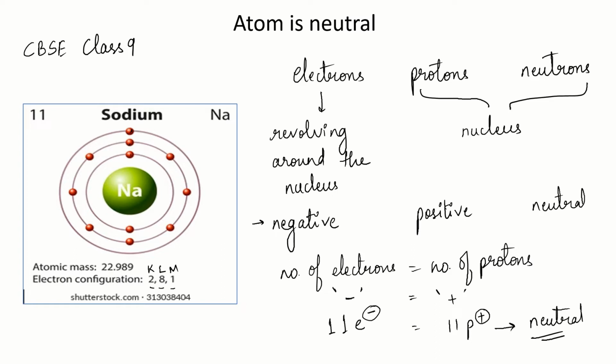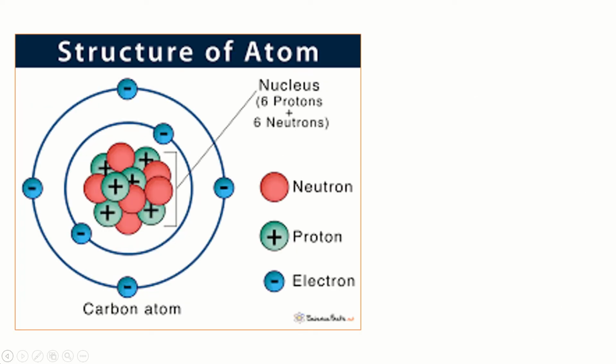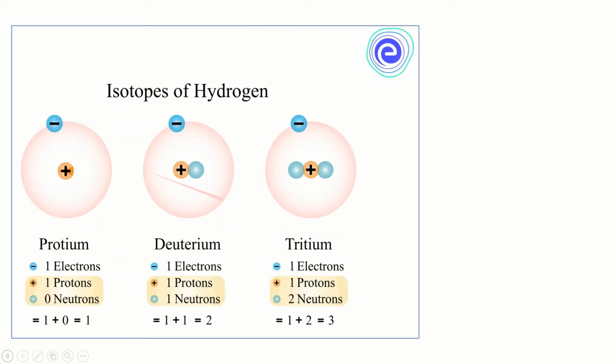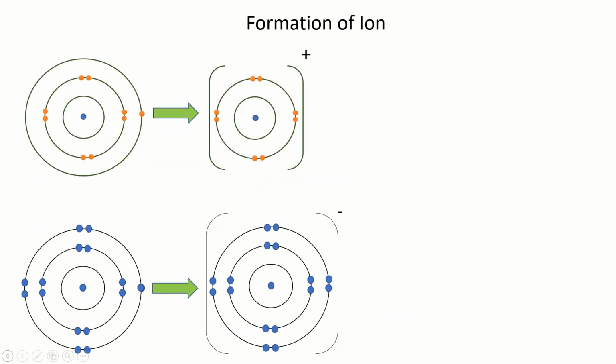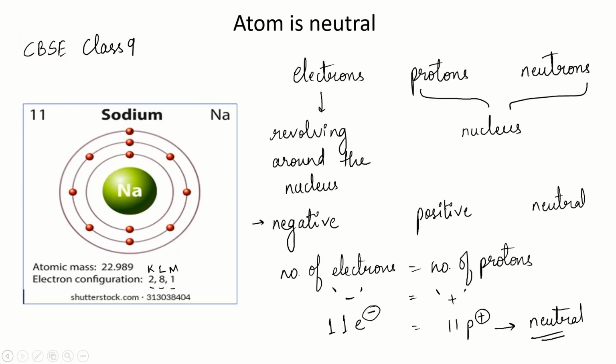But does it remain like this forever? Is an atom always neutral? That is another question, and it is not so, because we are going to also see the formation of ions in this particular session, where the atom is not neutral, it is charged. So the conclusion of this particular slide is that the atom is neutral.